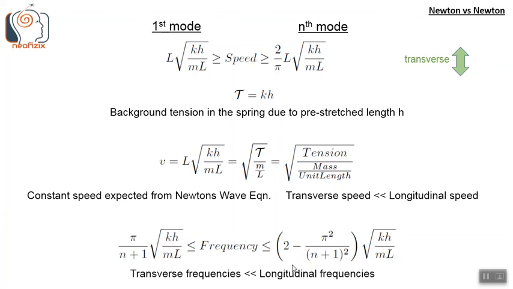But the transverse oscillation frequencies are again very small compared to the corresponding mode frequency in longitudinal oscillation. Both the velocity and frequencies are low in the transverse oscillation case compared to the longitudinal case because of this extra factor h by L.